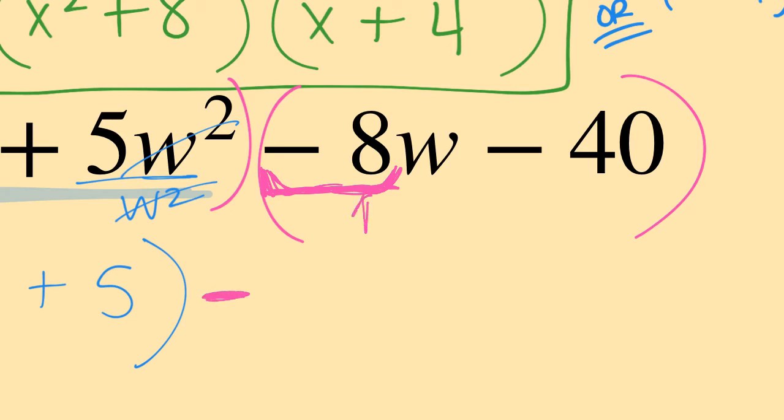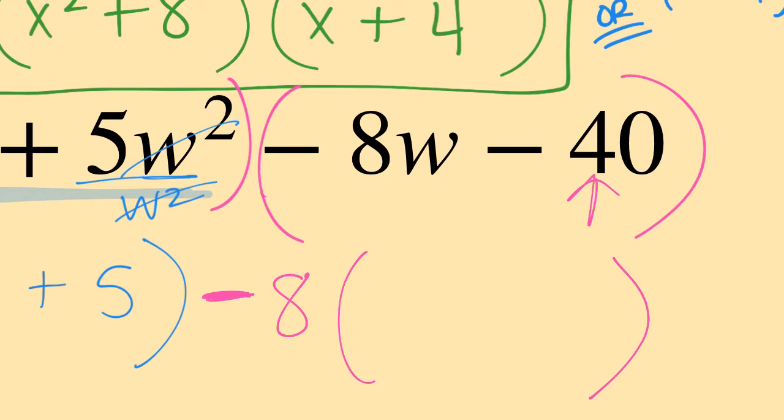Now, can I take out the 8? Is that the GCF? Does 8 go into 40? Yes, it does. 8 goes into 40. So let's take out -8, and then we're going to write down what we would have left. So if I take out -8 from -8w, what would I have left? Well, those would just cancel out, and I would have a positive w left over, right?